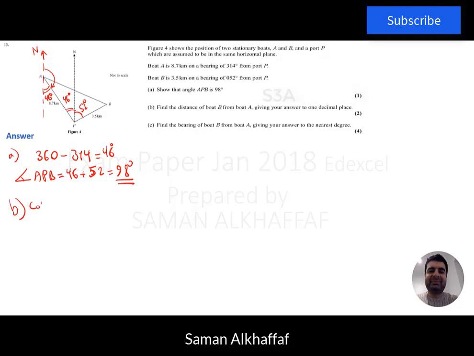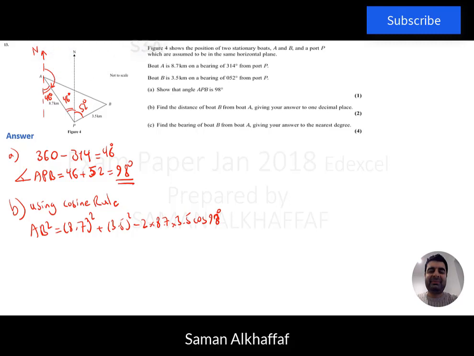Using the cosine rule, we would have AB squared equal to 8.7 squared plus 3.5 squared, and then take away 2 multiplied by 8.7 multiplied by 3.5 cosine of 98 degrees.